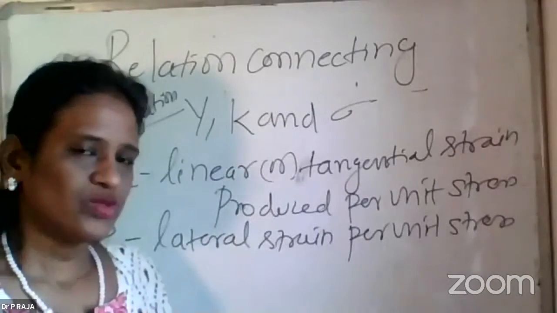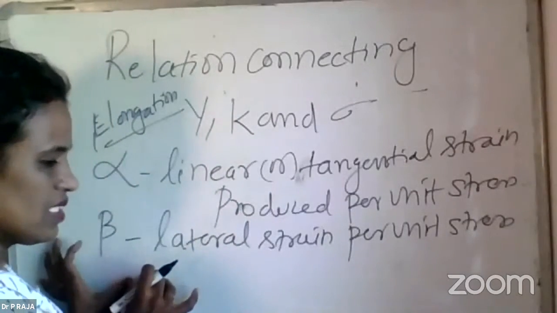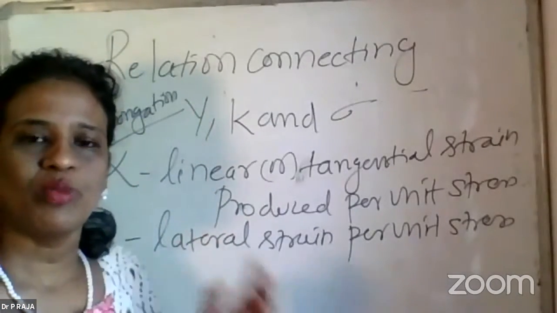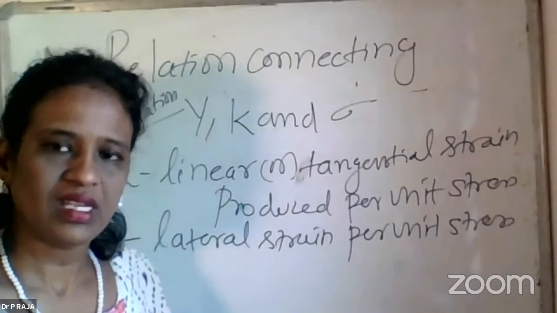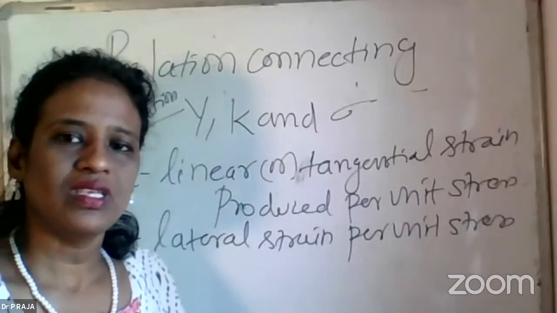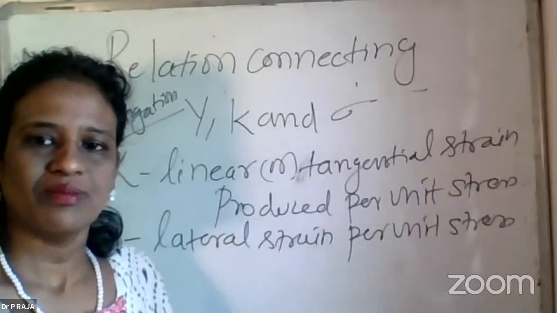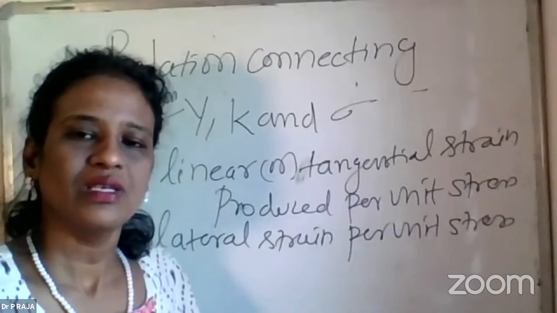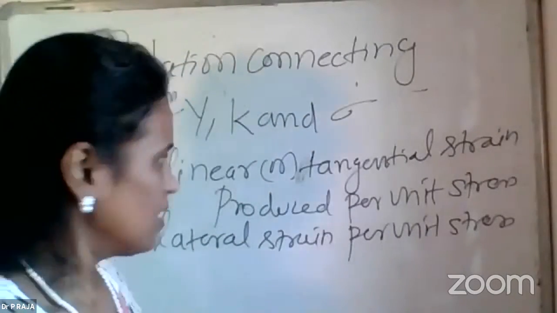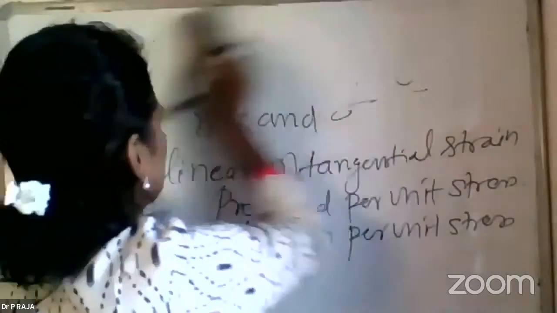Having these two factors, now we will go back to the equation that we derived with respect to the Young's modulus, bulk modulus, and the Poisson's ratio. Do you remember this equation that we got?